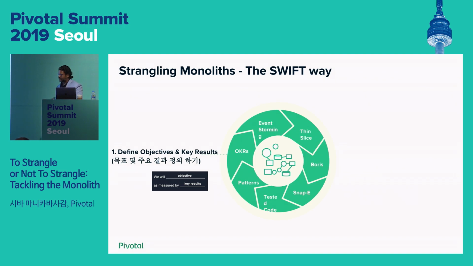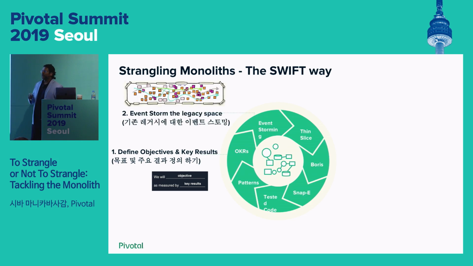Once we clearly understand the goals of where or why we're looking to strangle and modernize, we typically start off with understanding the business process flow. We like to use EventStorm. It's a very powerful tool invented by Alberto Brandolini recently. He conducts some excellent masterclasses. If you get a chance, please do attend it.